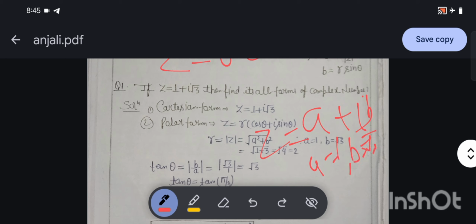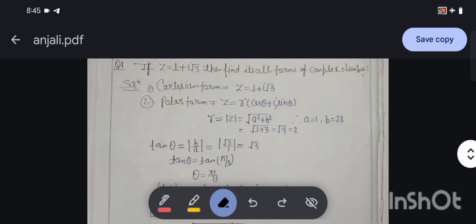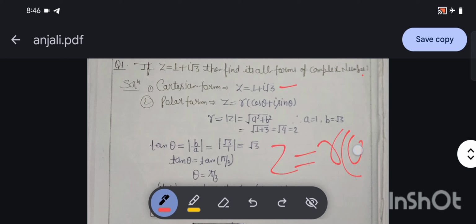It is clear? Then you can easily find the Cartesian form. Okay, and the next one is polar form. So we know the polar form equation, z is equal to r (cos theta plus iota sin theta). It is clear.